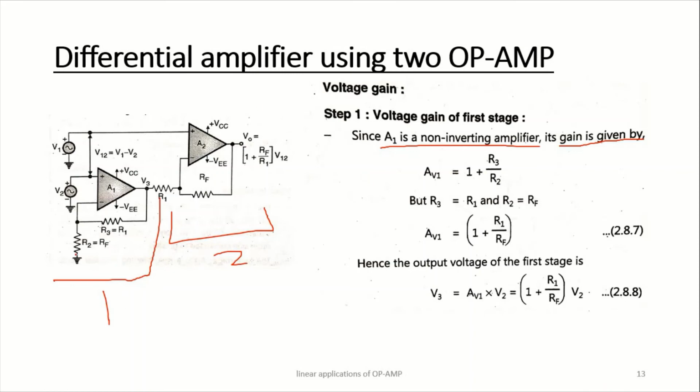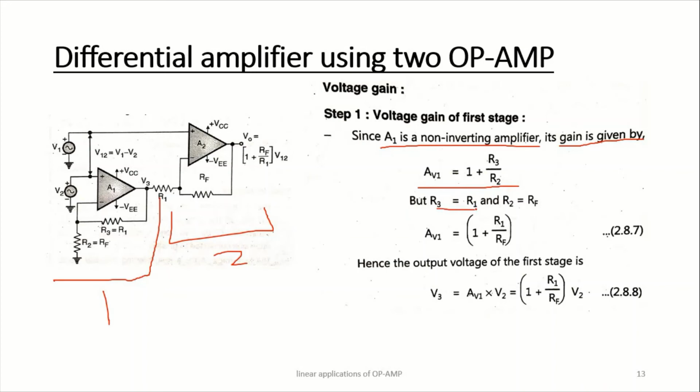Here the feedback resistance is R3, so instead of RF we write R3, and R1 as R2. So AV1 is written as 1 plus R3 by R2.